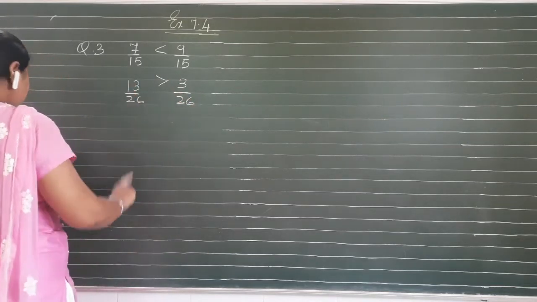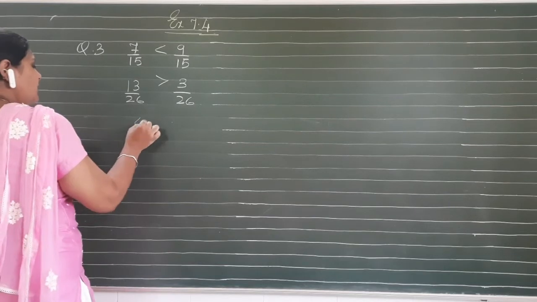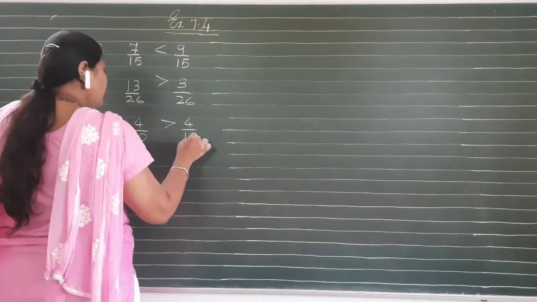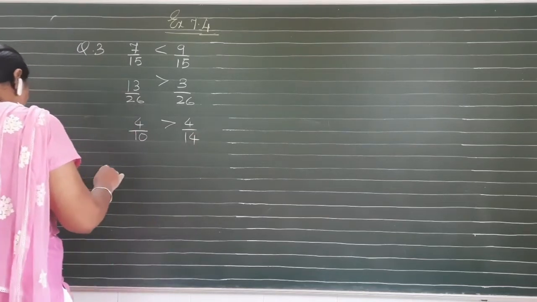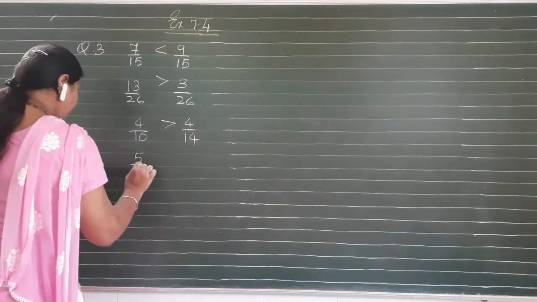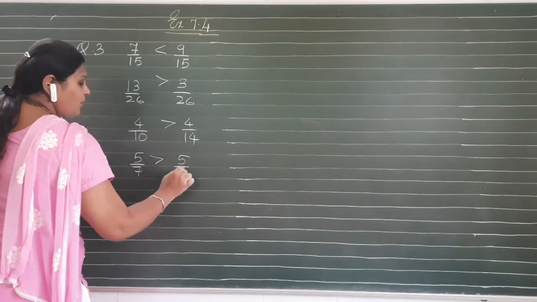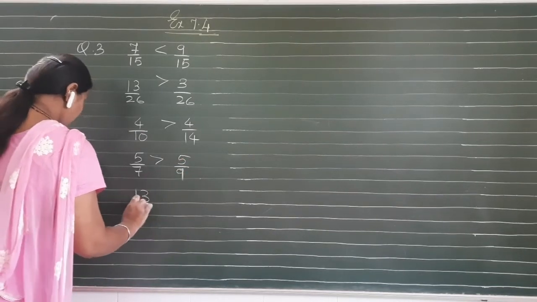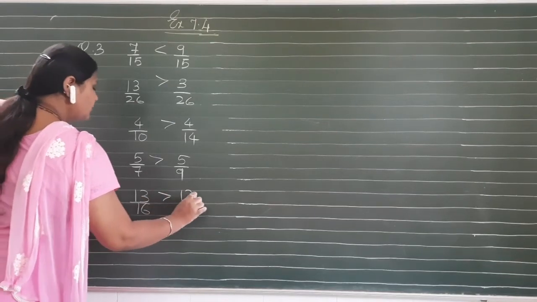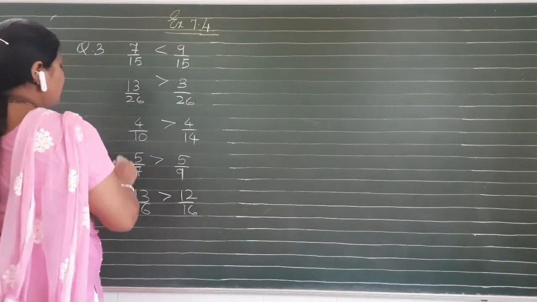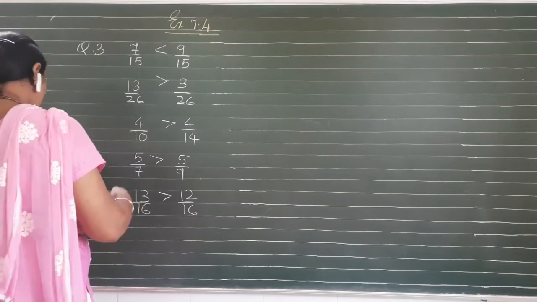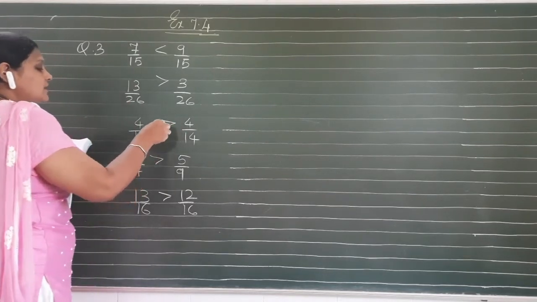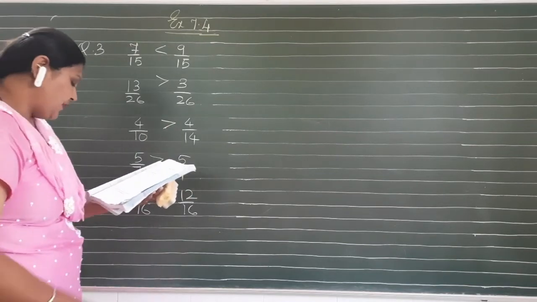Here I have taken the same denominator. Now numerator: 4 upon 10 is greater than 4 upon 40. Same way, 5 upon 7 is greater than 5 upon 9. Last, 13 upon 16 is greater than 12 upon 16. Here, same denominator. I have covered all the things in 5 minutes.